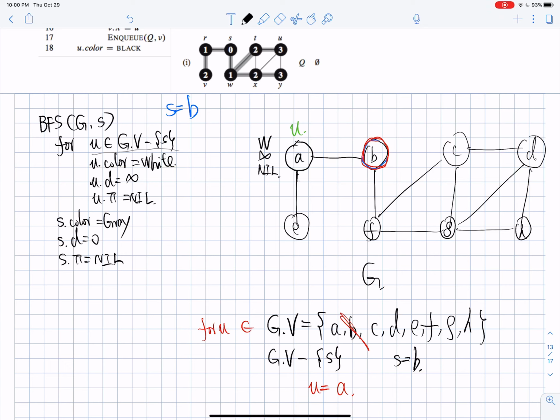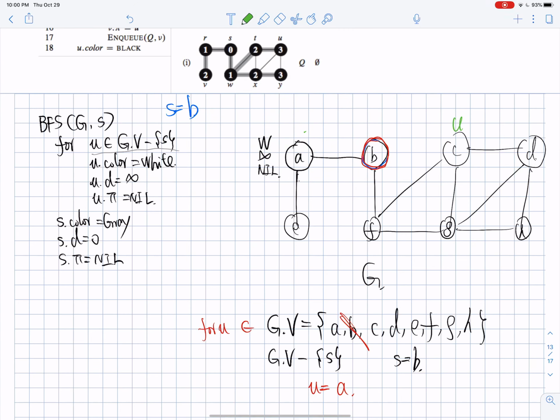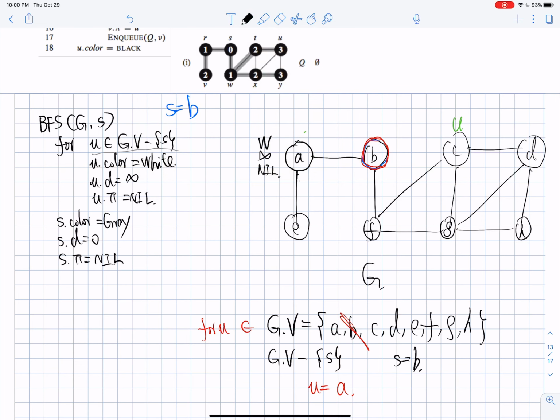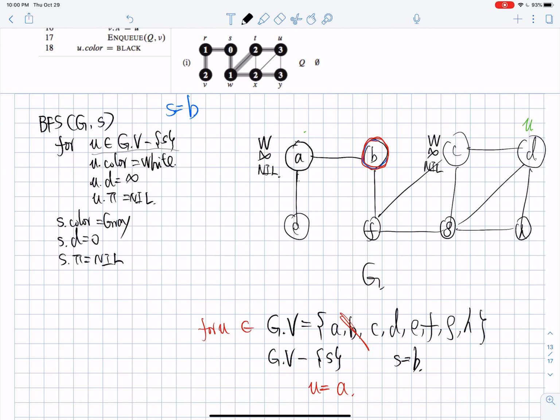And in the next round, we have U as, because we need to skip S, which is the source node, we put U right over here at C. We do the same thing: we associate it with a white color, infinity distance, and nil. In the next one, we put U right over here and assign D as U. In this node again we have W, white, infinity and nil.